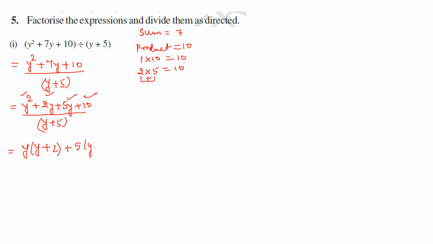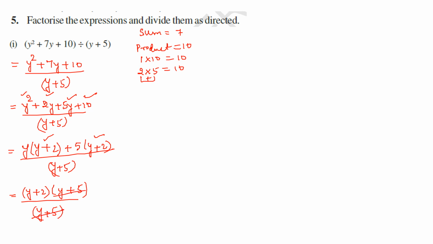So it will be again y plus 2 divided by y plus 5. So now you can see y plus 2 is present here also and here also. So I can take y plus 2 common. From the first term, I am left only with y and in the second term plus 5 divided by y plus 5. Now y plus 5 and y plus 5 I can reduce. So my answer is y plus 2.